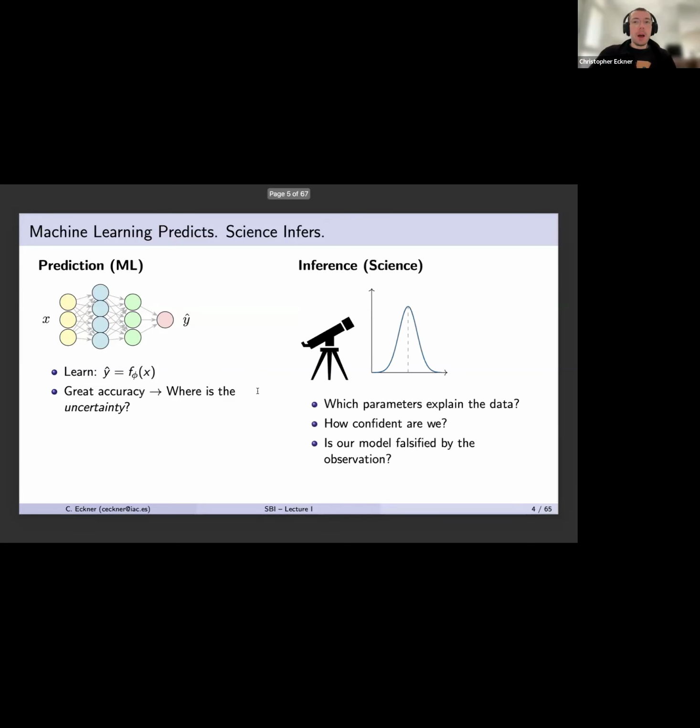While for science, as I said, we are interested in the parameters that explain data. So we do observations, and what we actually want to know is how confident we are that our model is true. Are our observations actually falsifying the model we are currently applying, which we have as the best explanation of that observation, or not?